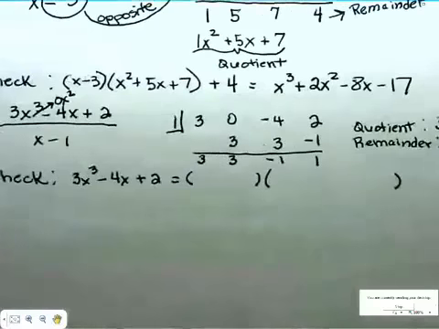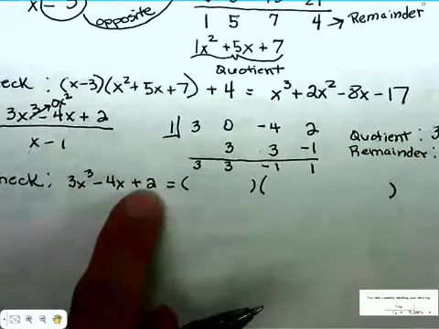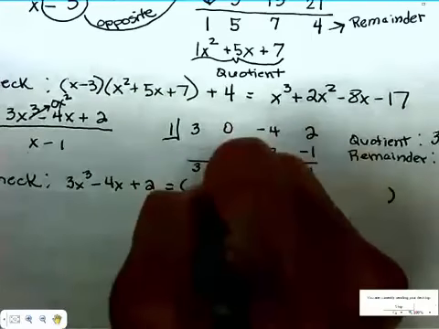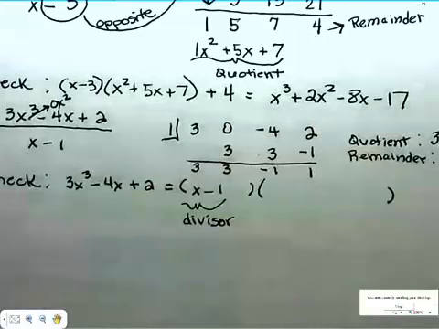Which means if I wanted to check this answer, I could write that numerator as the divisor. The divisor was x minus 1. Times the quotient.